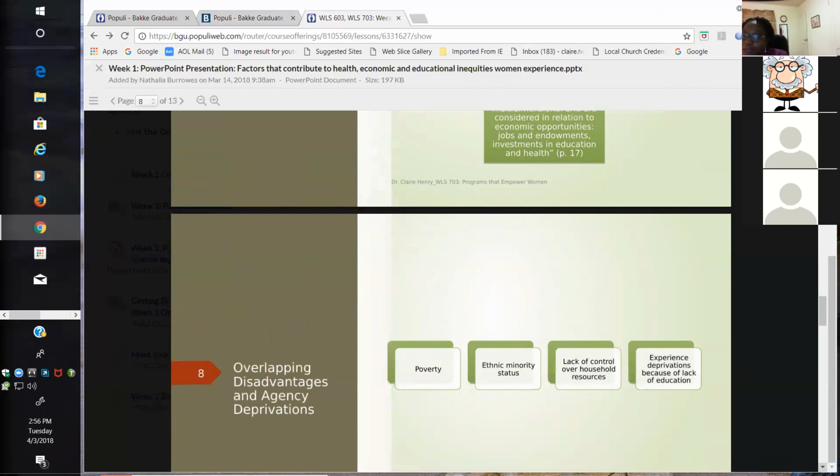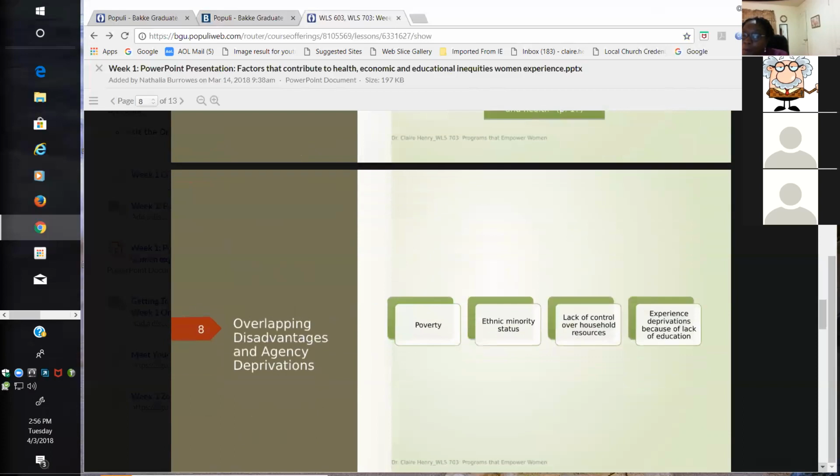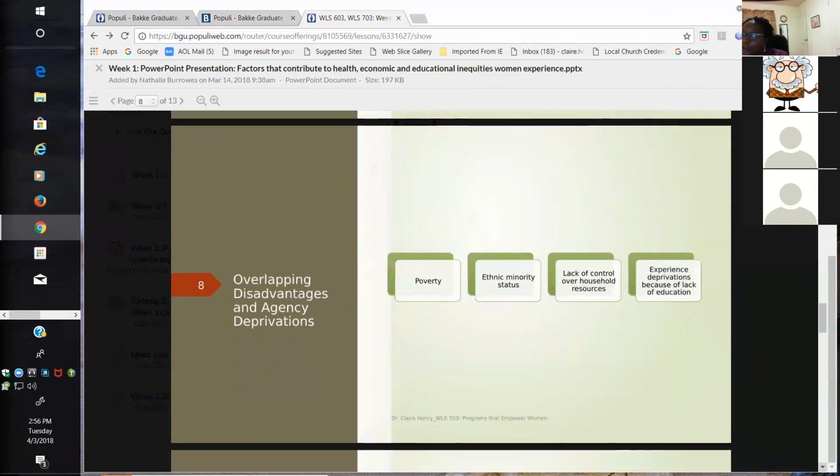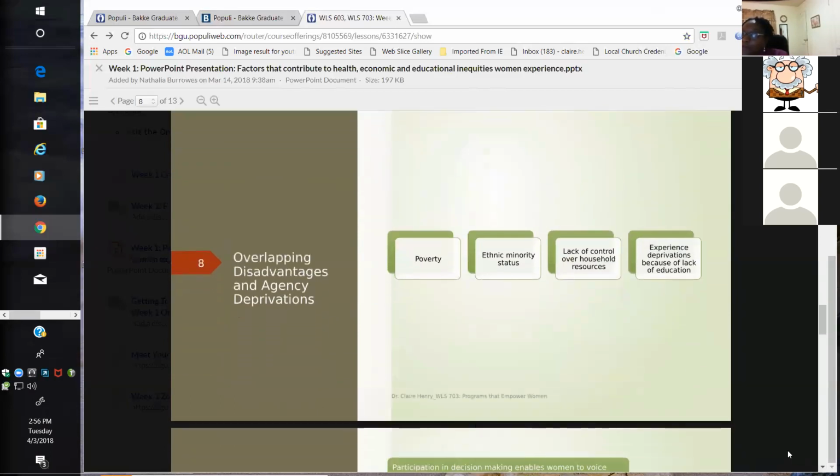Overlapping disadvantages and what we call agency, empowerment, deprivations. Poverty, ethnic minority status, lack of control over household resources, and experience deprivations because of lack of education.